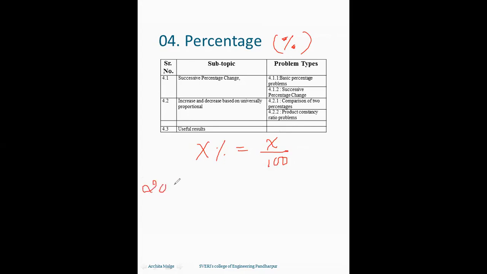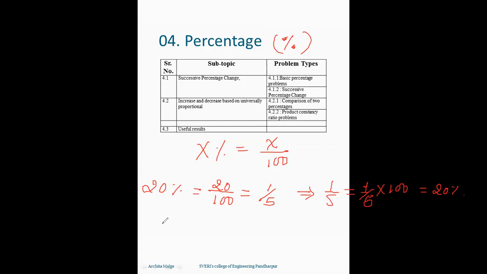So it is 20%. 20% can be put as 20 divided by 100, which means 1 by 5. And vice versa, 1 by 5 can be put in percentage form, that is 1 by 5 into 100, which is equal to 20%.